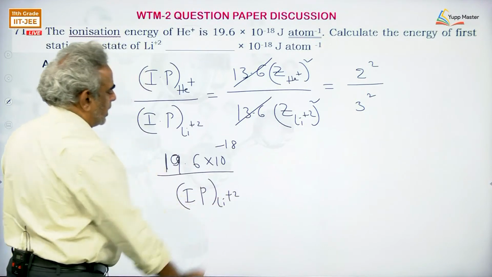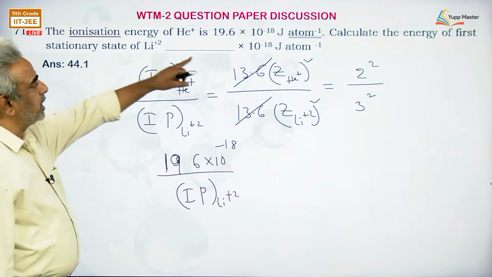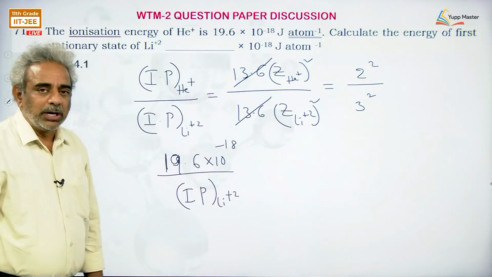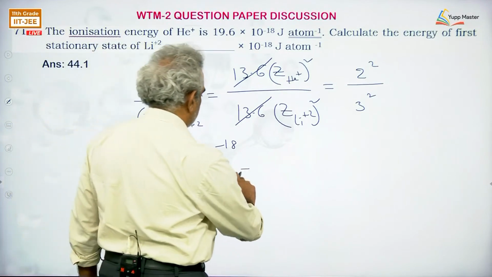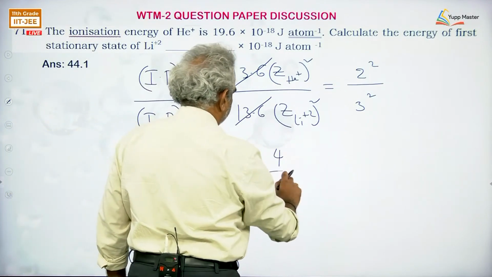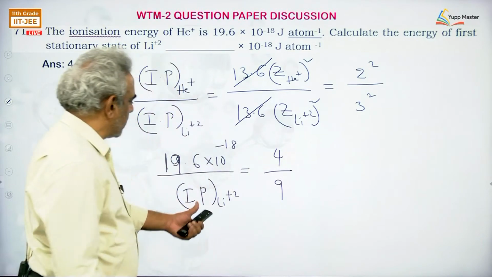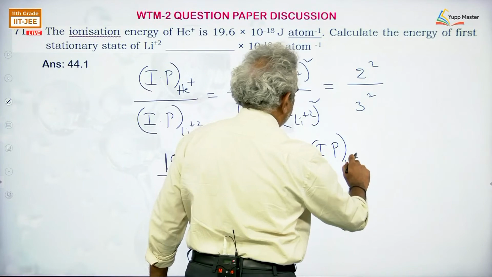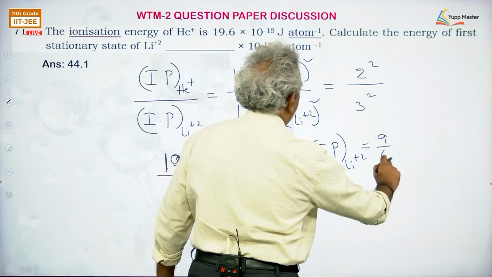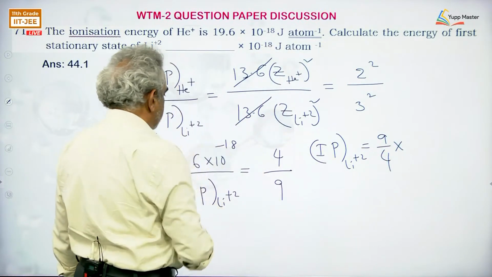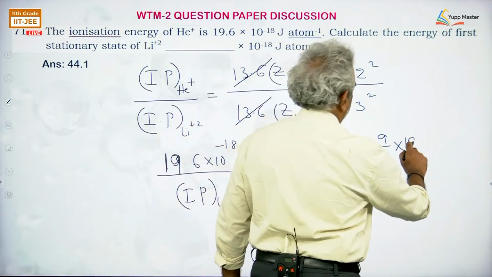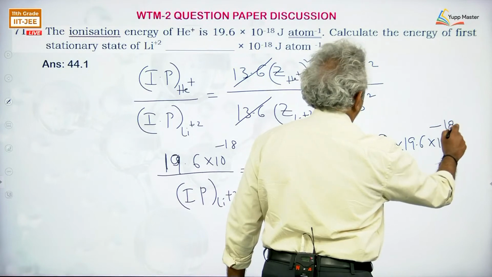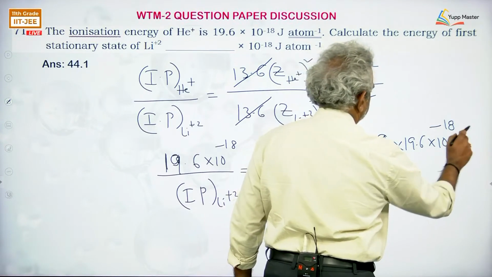Here what the student should understand is that the first stationary state's energy is nothing but the IP of that particular species, which is equal to 4 by 9. So, I want the IP of lithium 2+. The IP of lithium 2+ is 9 by 4 into 19.6 × 10⁻¹⁸ joules per atom.